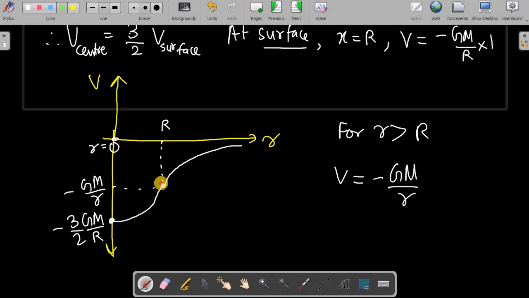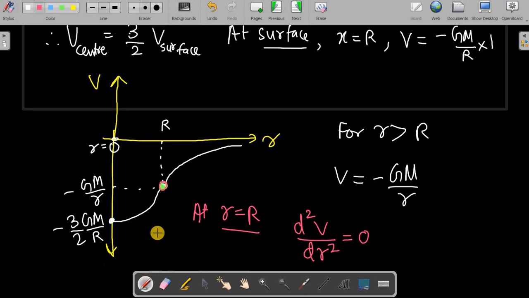That's how you can see there is a change of shape happening at this point. You have to note that the shape of this graph is converting from concave to convex at this point. So at r equal to capital R, the double derivative d square V by dr square will be 0. That's called the point of inflection.